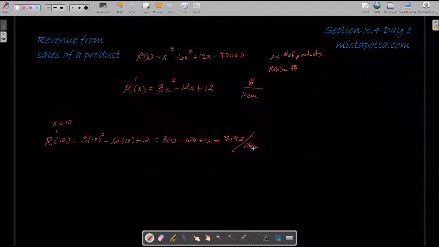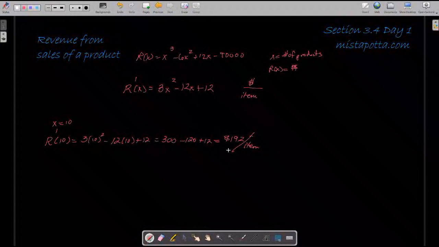And so that means that in this situation, every time that I sell an additional item on top of the 10th item, I should expect to have an increase of about $192 in revenue per item.